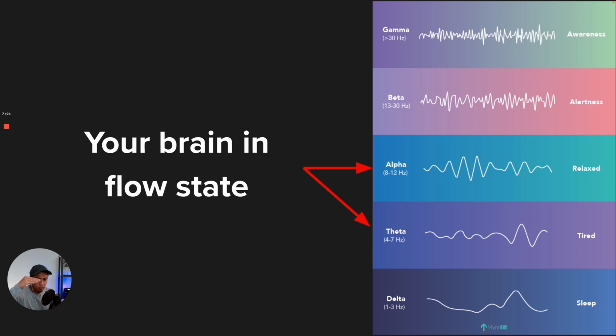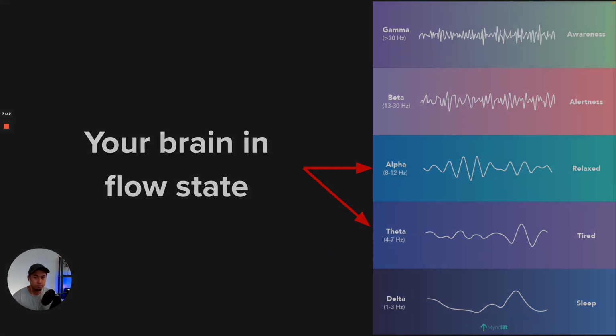If you imagine a sound wave, it sounds chaotic versus much slower, and it's more rhythmical. And as you know, when you're in that flow state, you're just going with the flow. And I think that's the best mood to be in.